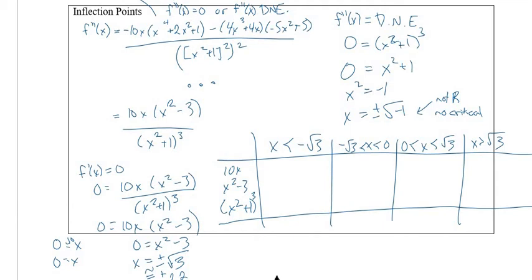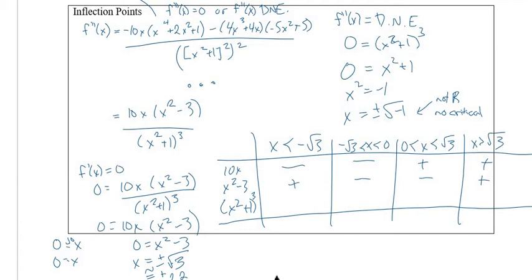So for 10x, the sign is just going to change with whatever x is. So if x is negative, it's going to be negative. So negative, negative, positive, positive. And then for x squared minus 3, just pick a test value for each category, and it should work out to positive, negative, negative, positive.